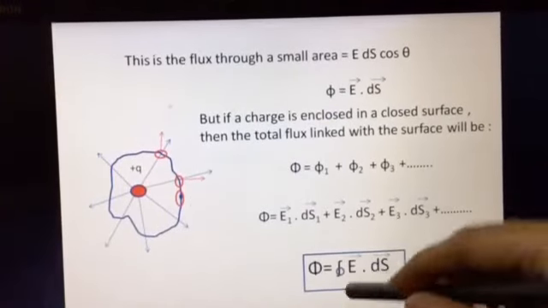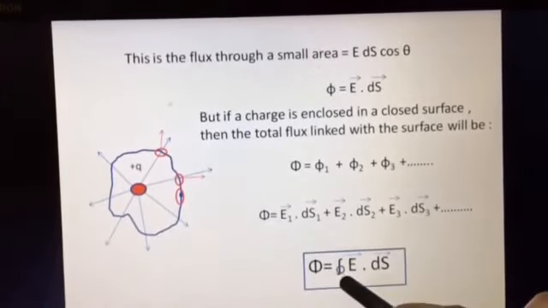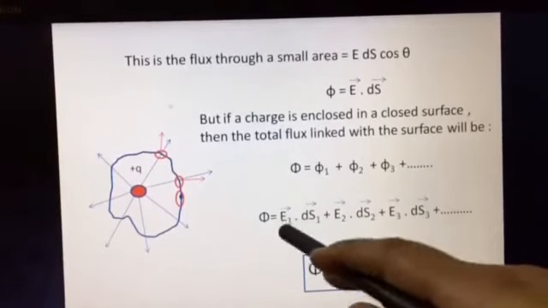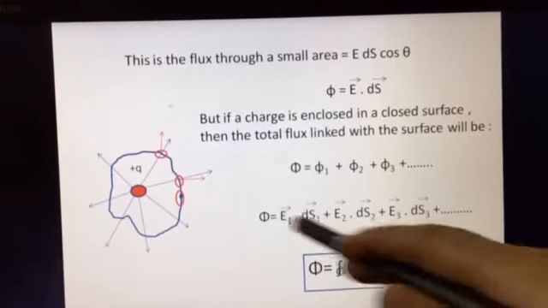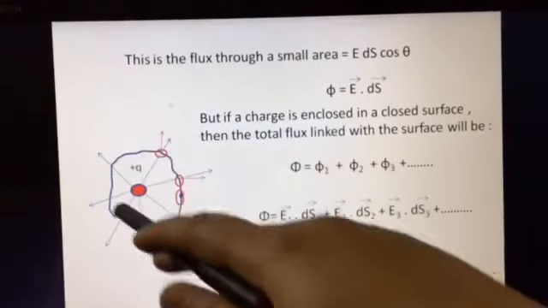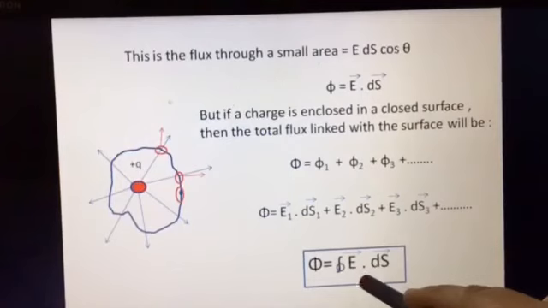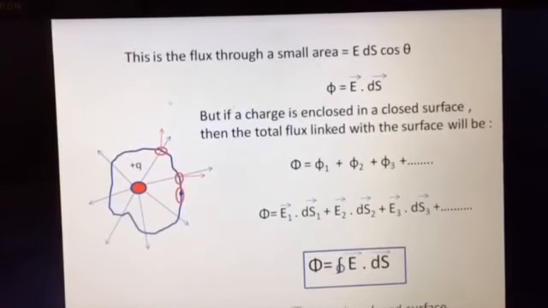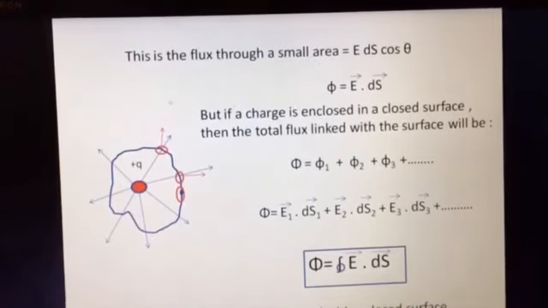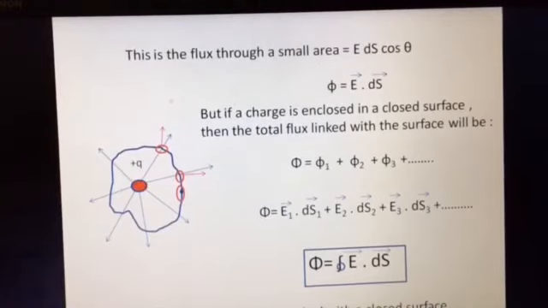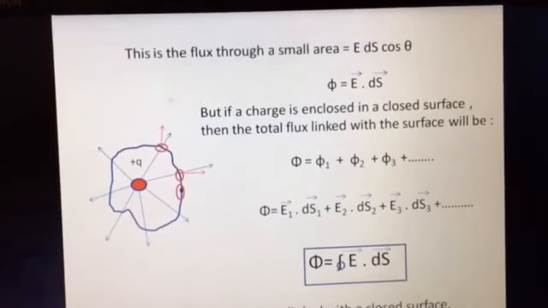So I can write phi as a closed integral, because we are adding these areas over a closed surface. So I can use closed integral E bar dot ds bar. This is the expression for total flux linked with a closed surface due to a charge inside the surface.